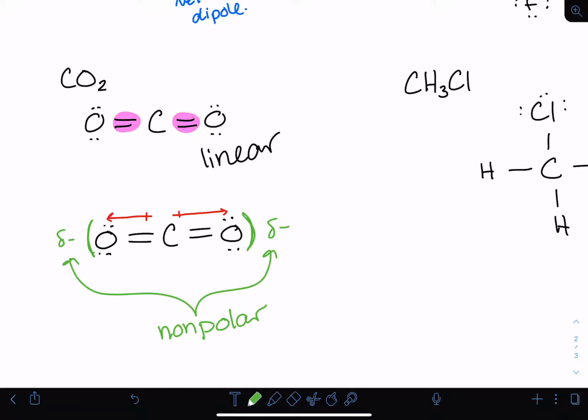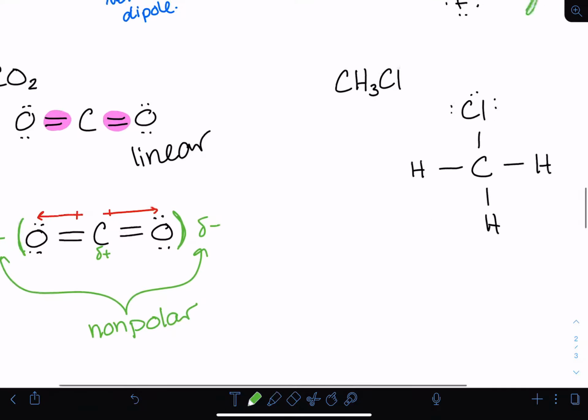We're looking for opposite charges on opposite sides, which is not what we see here. We have some positive in the middle, but that doesn't really matter. So when we have this type of symmetric geometry, where everything about our molecule is symmetrical left to right, those polar bonds cancel one another out, and we end up with a nonpolar molecule.